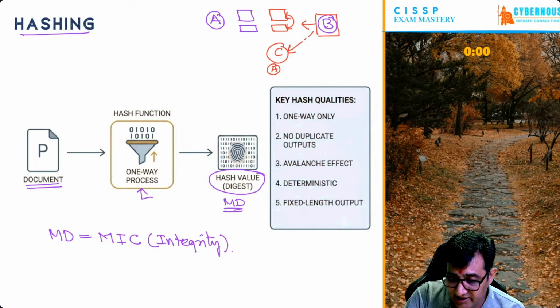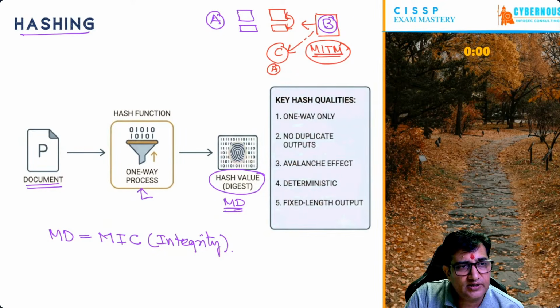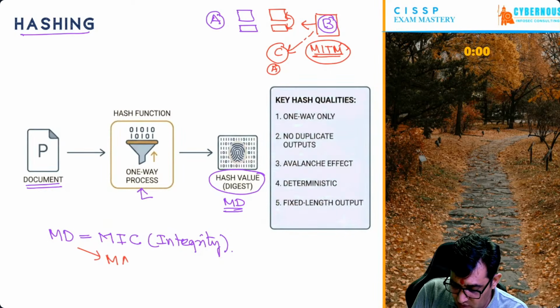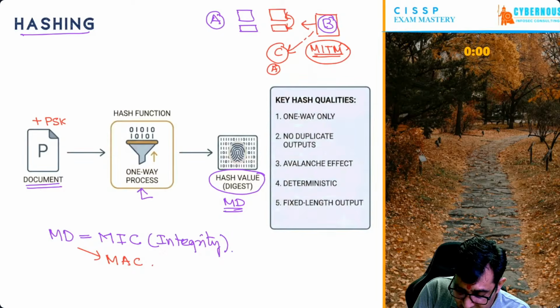So this kind of attack is called a man in the middle attack, which we obviously want to protect against. To protect this, we can use a different type of hash value, called a message authentication code. When you pass on your plain text, we also mix in a pre-shared key.